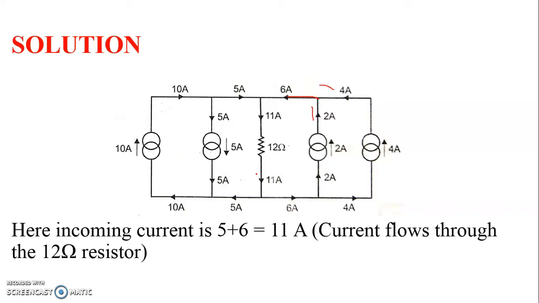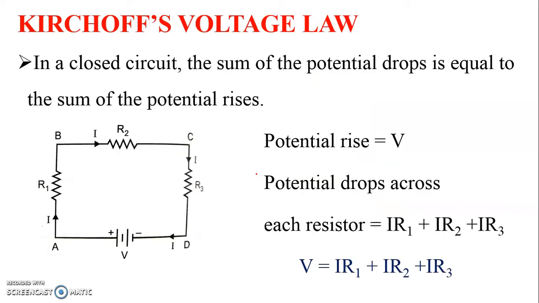So next is the Kirchhoff voltage law. In a closed circuit, the sum of potential drops is equal to the sum of potential rises.